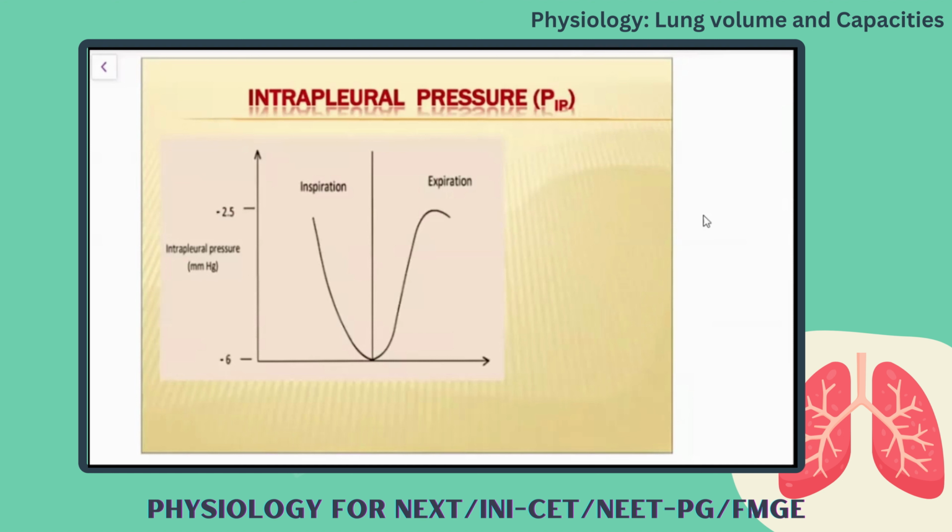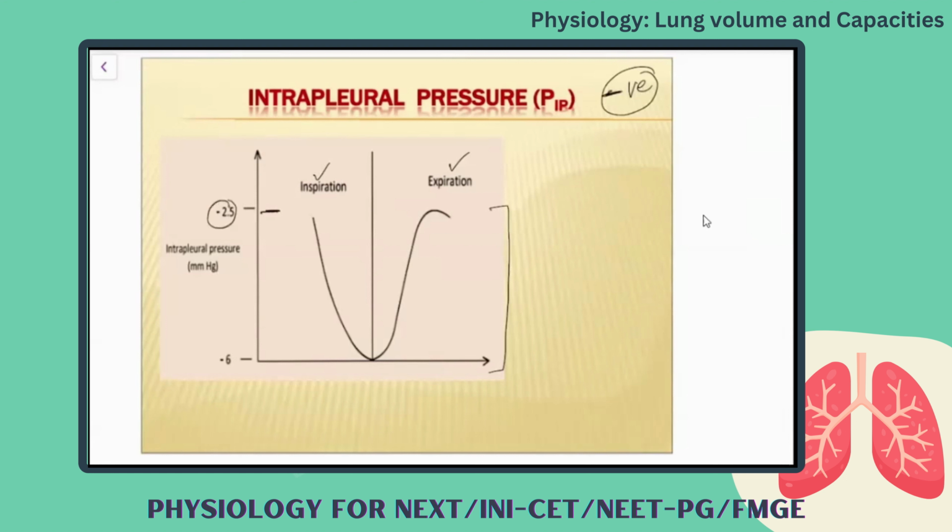And second, we are going to see how the muscles of respiration are involved. First, of the respiratory pressures, we have seen that intrapleural pressure will always remain negative, whether it is inspiration or expiration. This is the graphical representation you will get if you record the intrapleural pressure. Now consider this is the resting state.